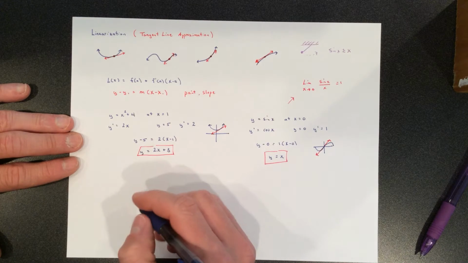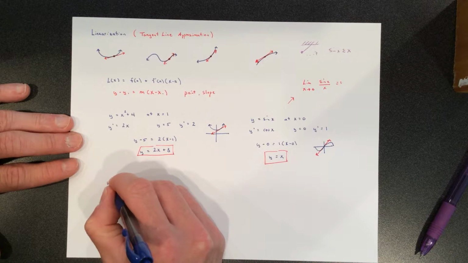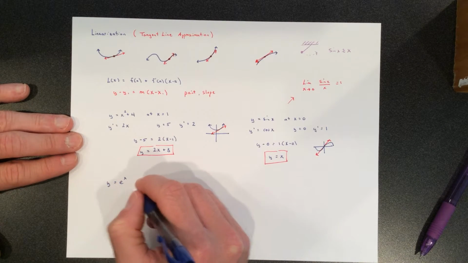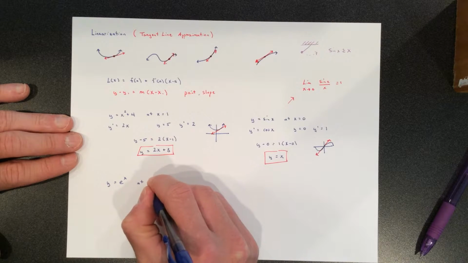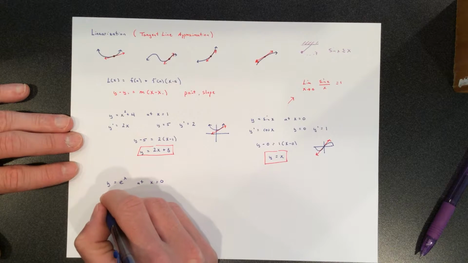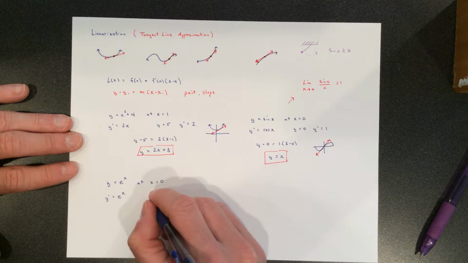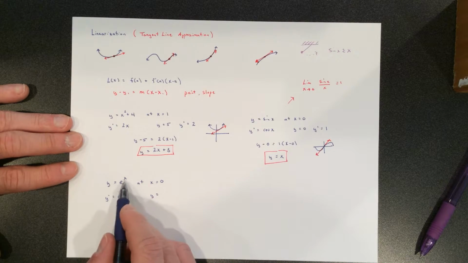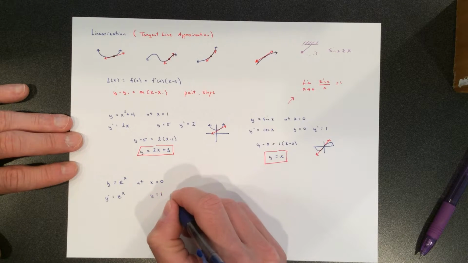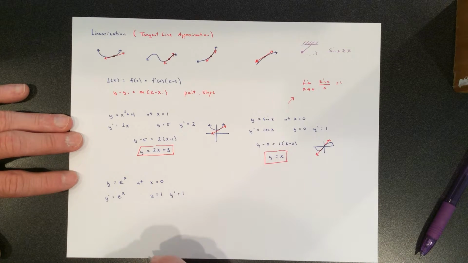Okay, so back to calculus. Let's do an exponential. y equals e to the x. And let's do this at x equals 0. So y prime, the nice thing, the derivative of e to the x is e to the x. And so when x is 0, y is equal to e to the 0, which is 1, and y prime is also 1.